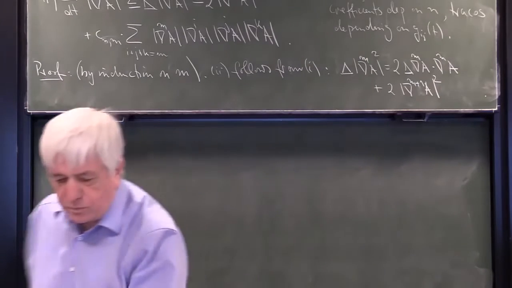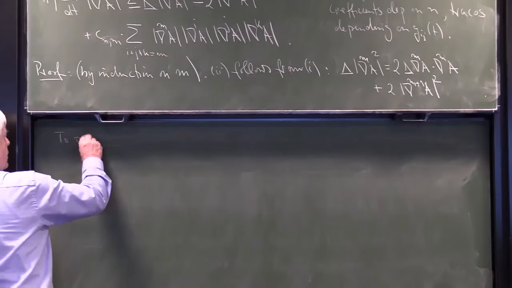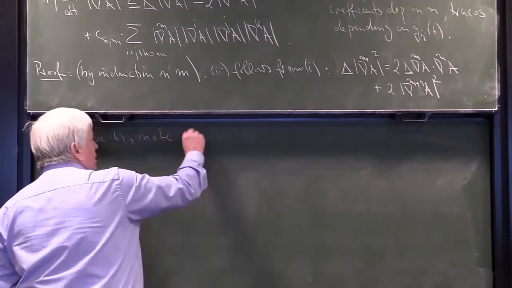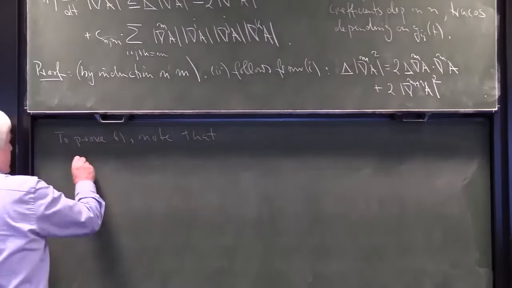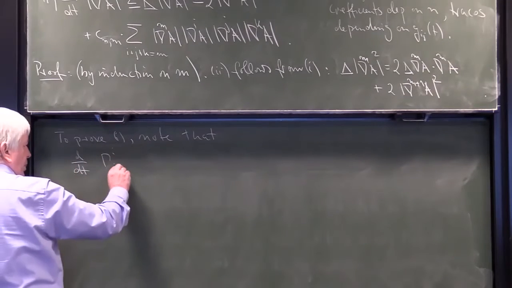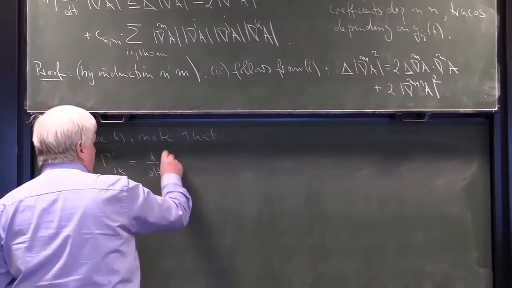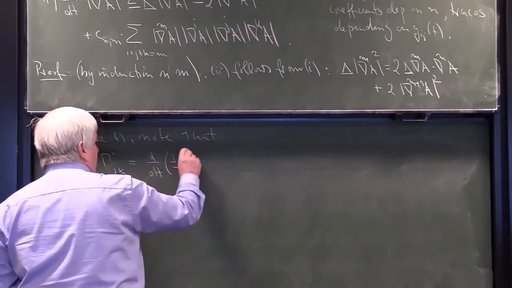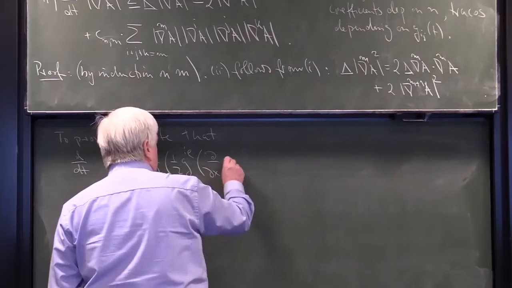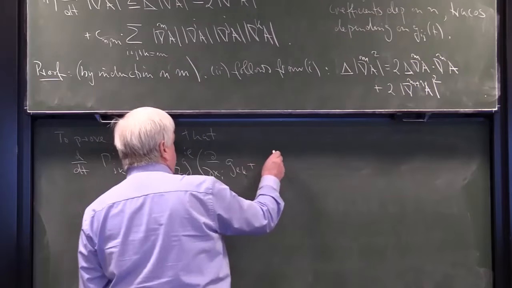So to prove 1, note that d/dt of a Christoffel symbol, so this is d/dt of 1/2 g^{il}, and then here we have the derivatives of the metric.